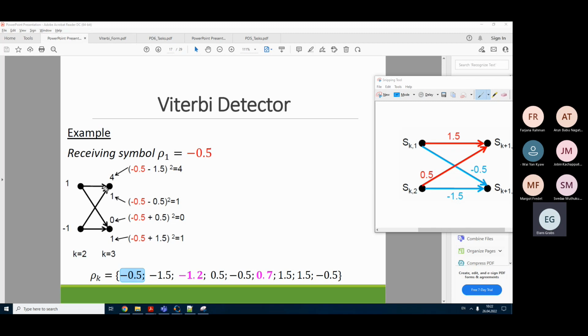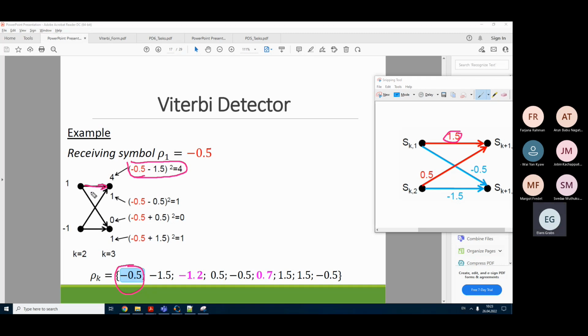Here we have 4 possible transitions. For this transition, we take the value 1.5 and subtract the received symbol from this value, and calculate the Euclidean metric. So for this transition, we have calculated the Euclidean metric of 4.